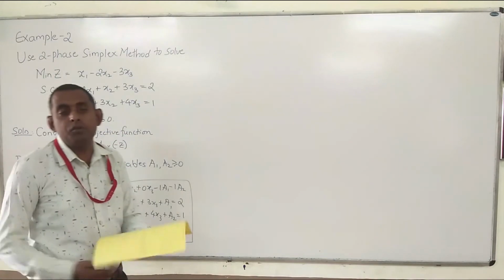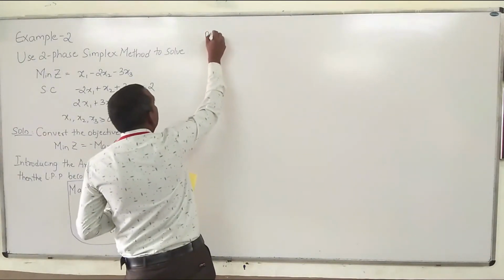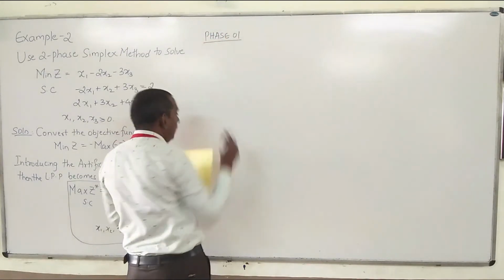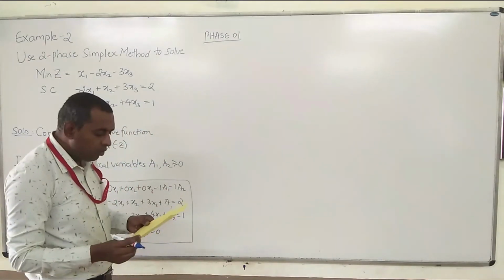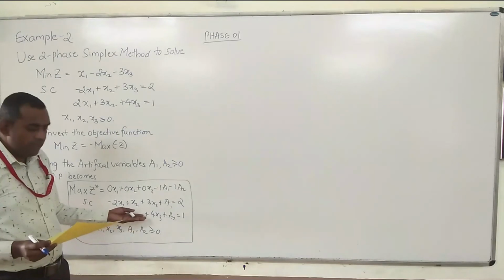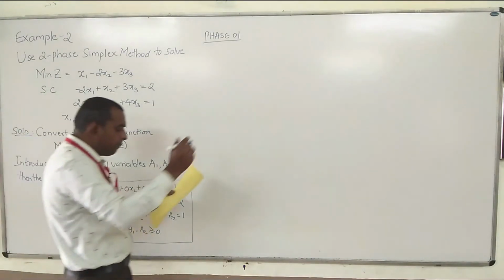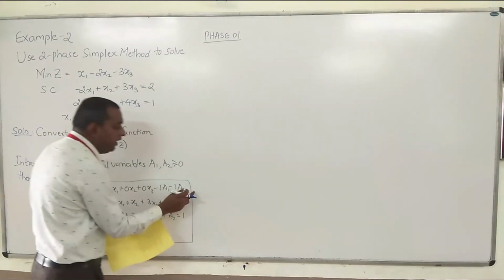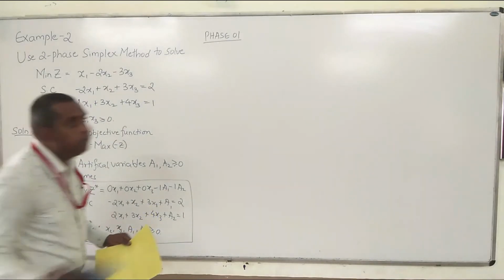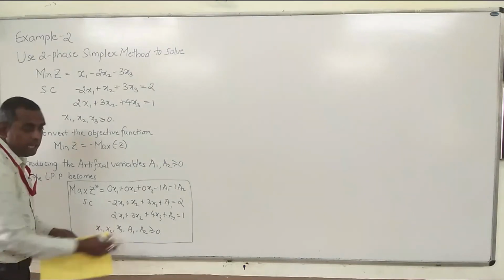Now we are supposed to solve this in phase 1. In phase 1, we have already added cost -1. We are supposed to construct the simplex table for this LPP.